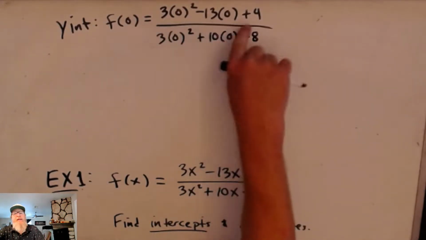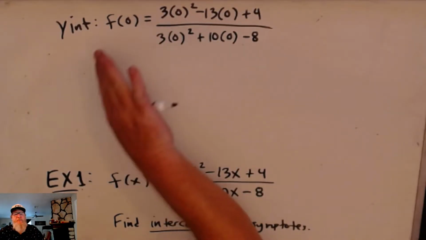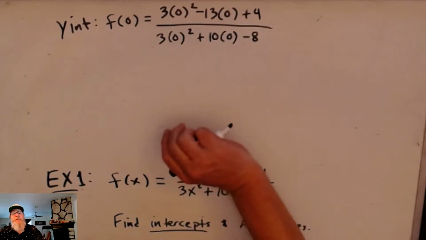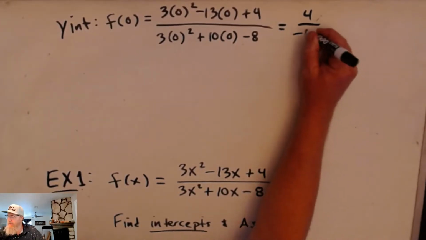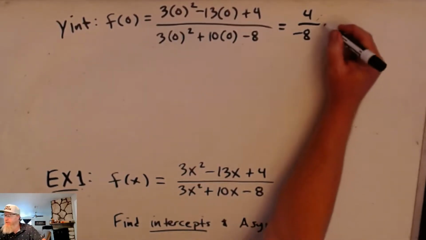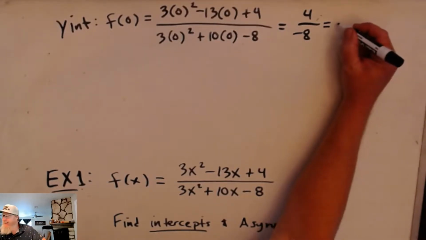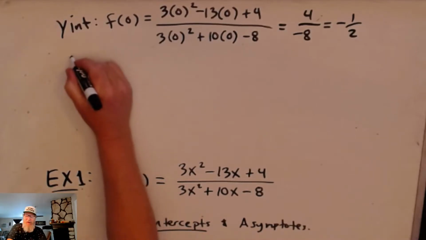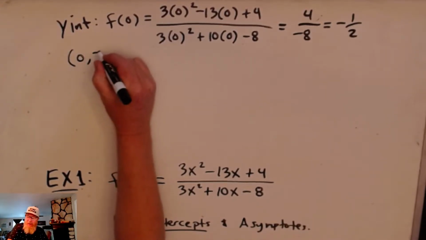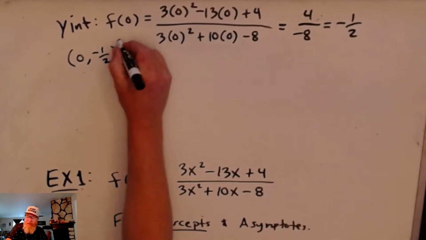So when you plug in 0 into a polynomial, we've seen this before, all the terms become 0, except for the last term, the constant term. So you get 4 over negative 8, which is negative 1/2. And then make sure that you write it correctly. So the y-intercept is (0, negative 1/2).